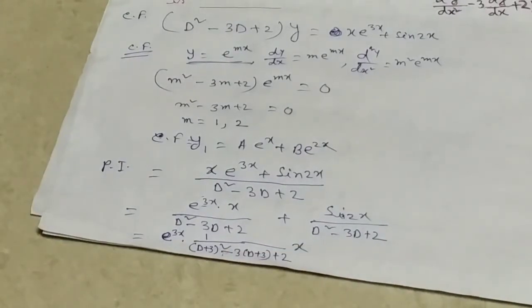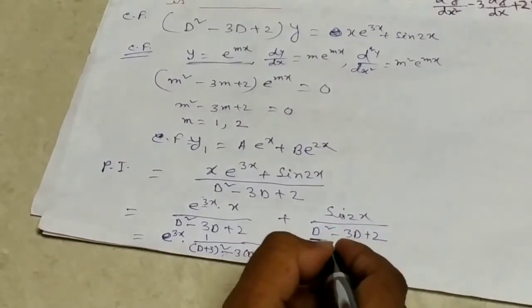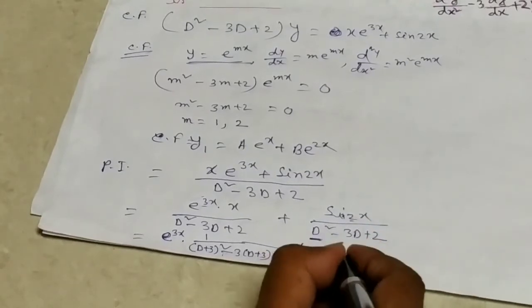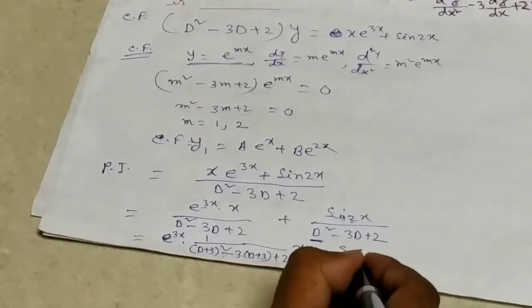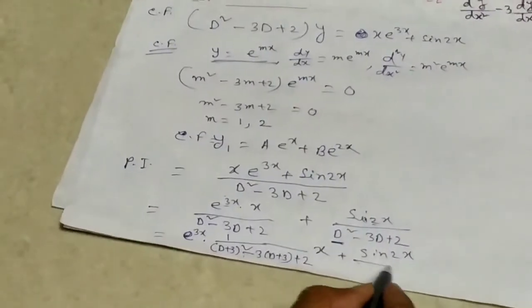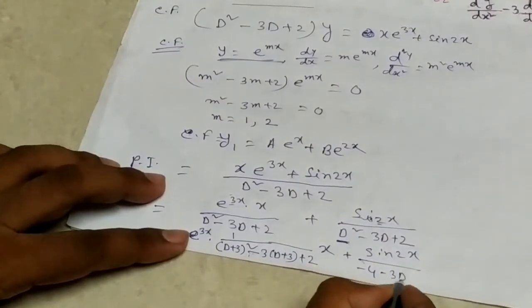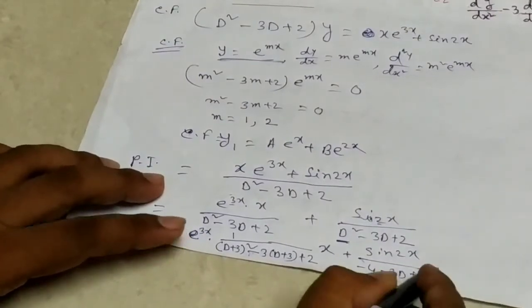And for sin 2x, for D² we put minus a², that means sin 2x divided by minus 4 minus 3D plus 2.